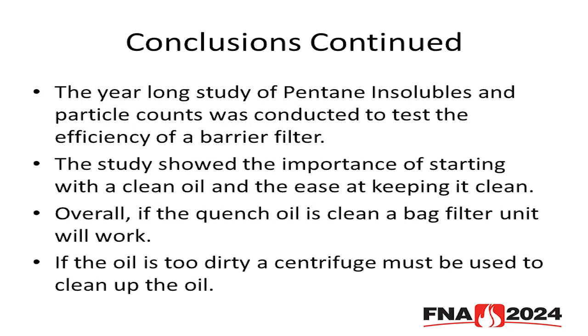Our year-long study of the pentane insolubles showed that if you start with a clean furnace and a clean oil, it's possible to keep the oil clean with a bag filter. Overall, if a bag filter unit is used with a clean quench oil, it will work. But if the oil is too dirty, a centrifuge has to be used.